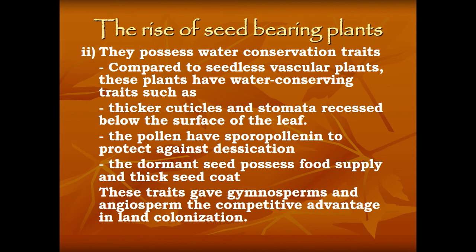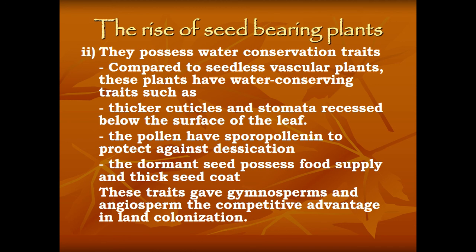And then they also possess water conservation traits, in which, compared to seedless plants such as the pteridophytes and bryophytes, angiosperms and gymnosperms have traits such as a thicker cuticle and also stomata.